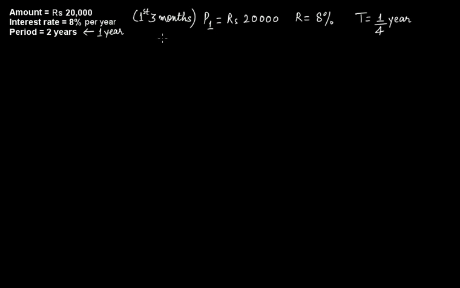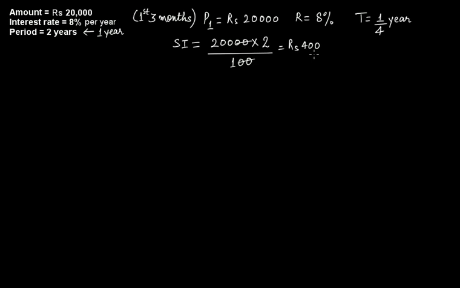Okay, now tell me, the interest that we calculate is actually what? Simple interest, and that will be equal to rupees 20,000 multiplied by, now remember, R times 1 by 4 is what? R by 4, that is 8 by 4, that is 2. So this is 2 divided by 100. So if you solve it, you'll get rupees 400.